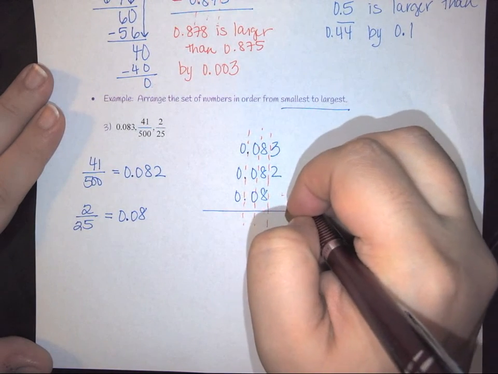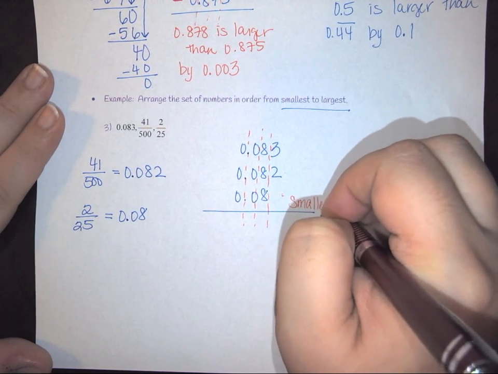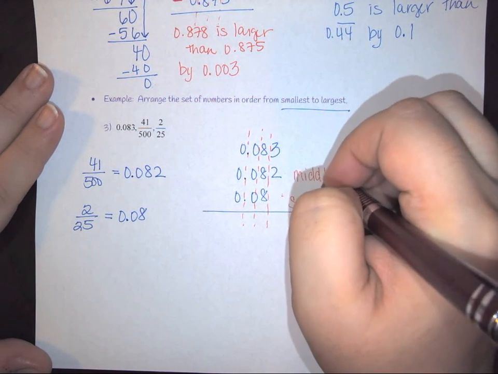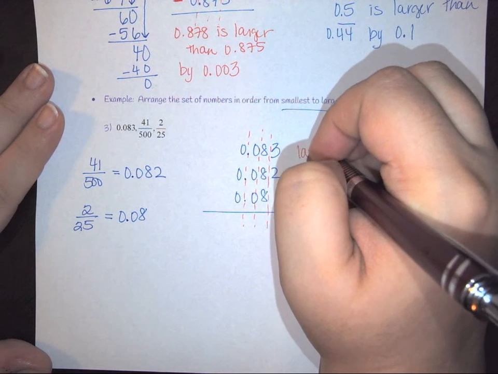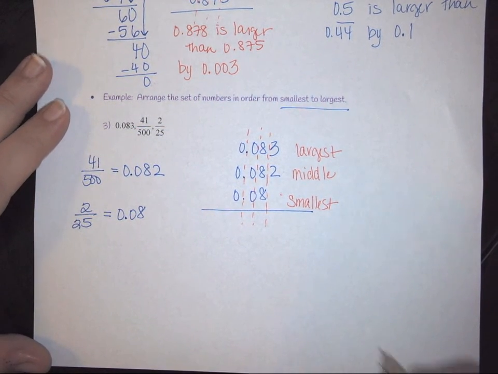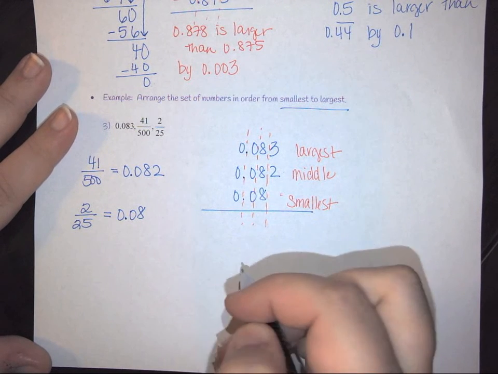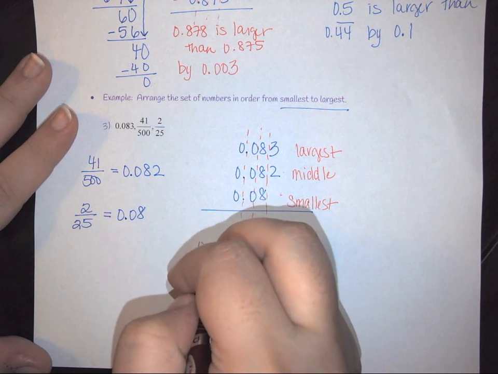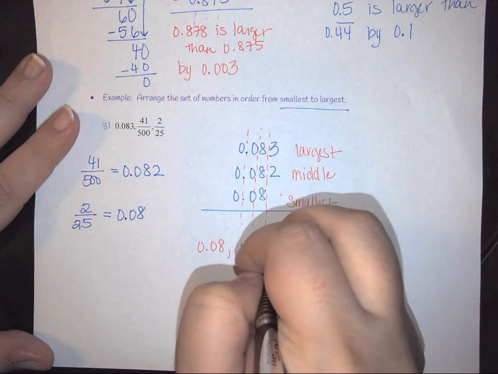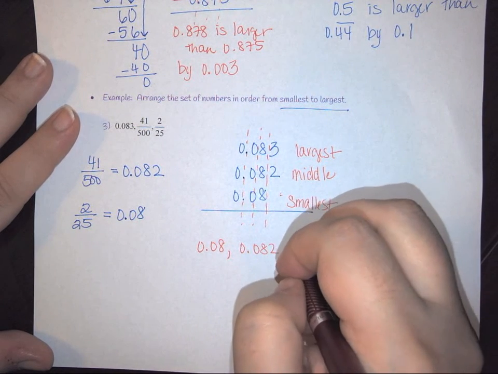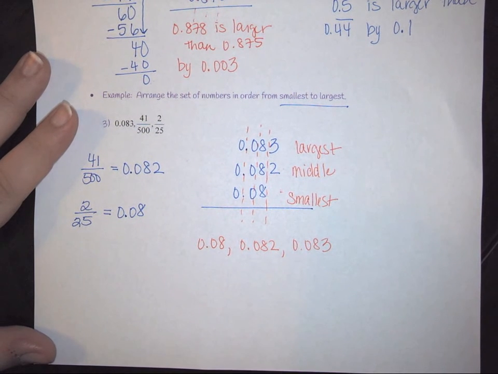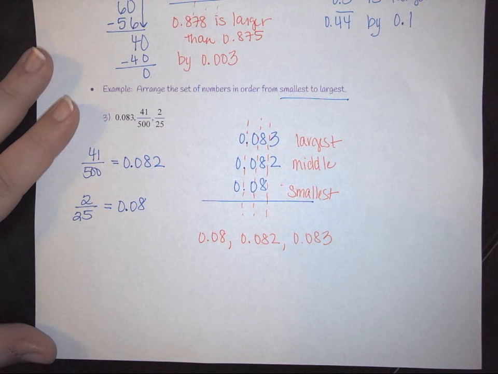So this is going to be the smallest. This one is going to be your middle, and this one is going to be your largest. So when we order them, we would order them as 0.08, and then 0.082, followed by 0.083.